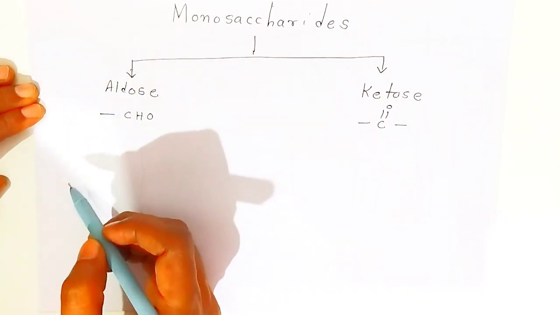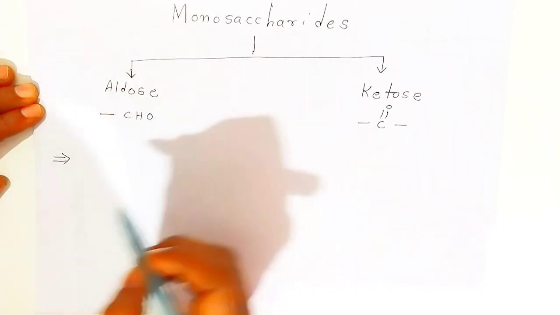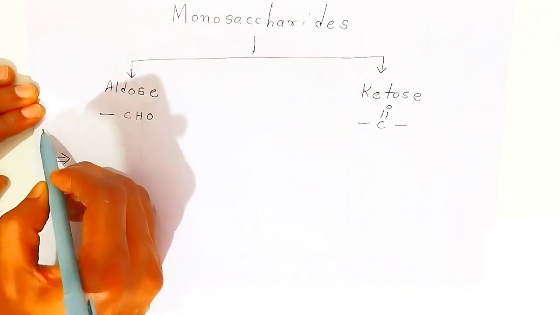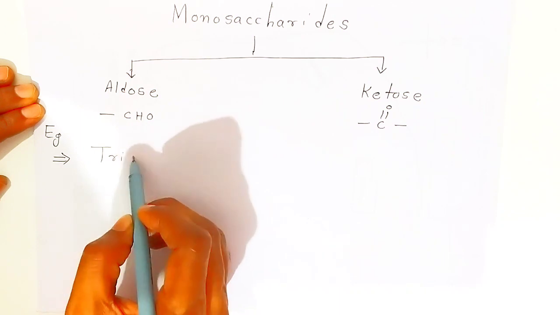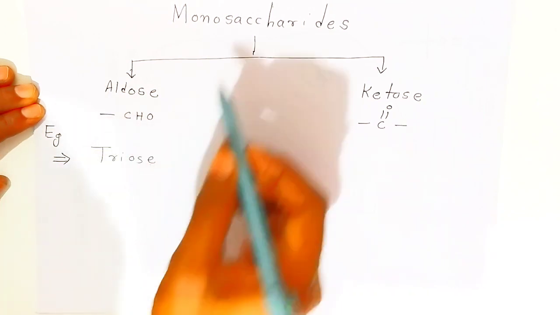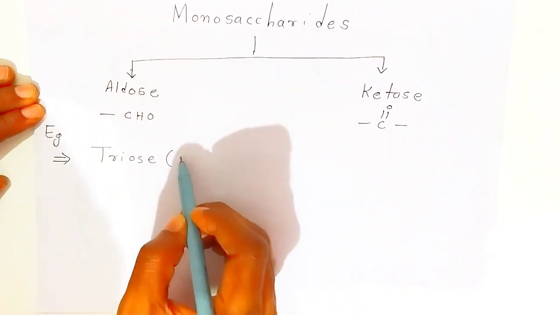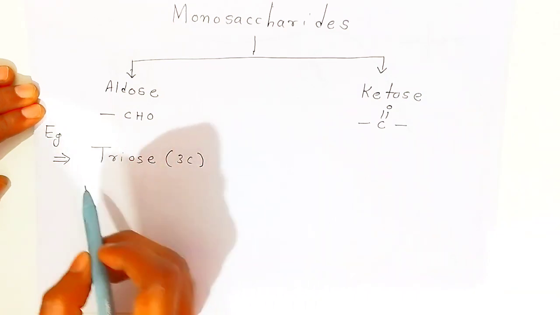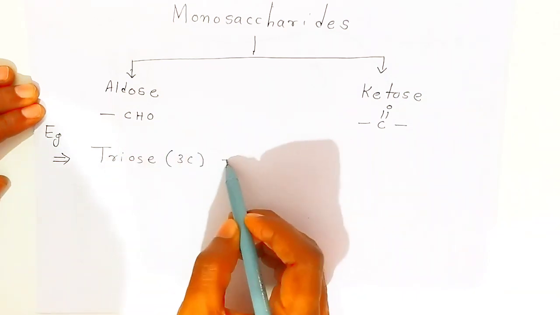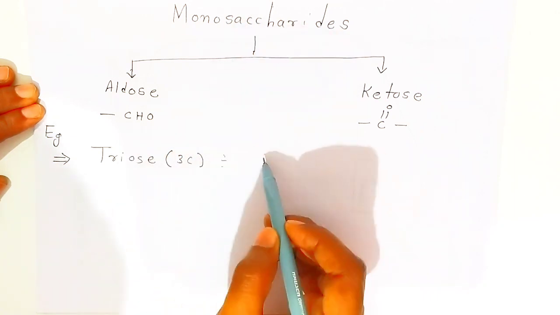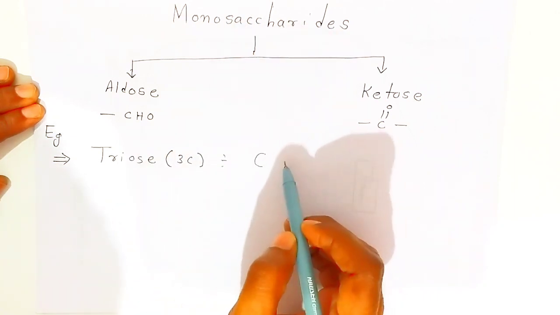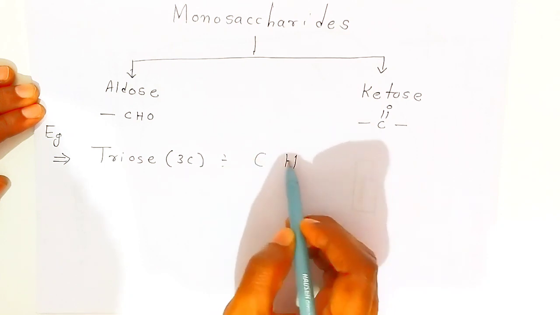Now we are going to see some examples, that is triose. If a monosaccharide consists of 3 carbons, we call it triose. What will be the molecular formula if the monosaccharide is made up of 3 carbons? You know carbohydrate contains carbon, hydrogen and oxygen.